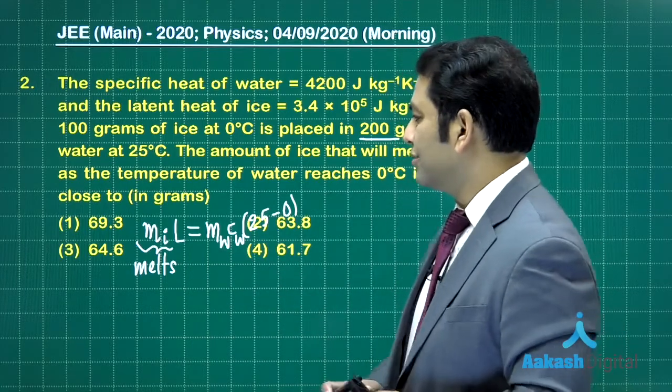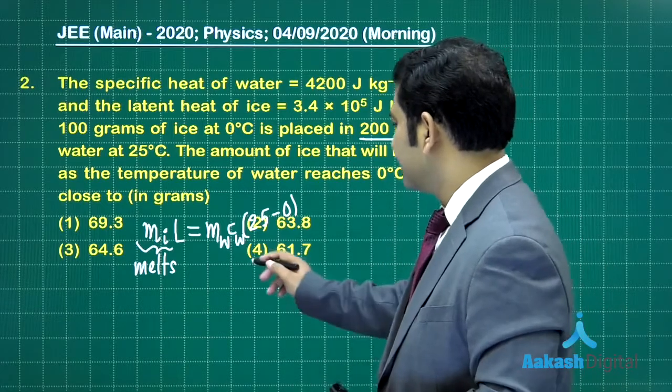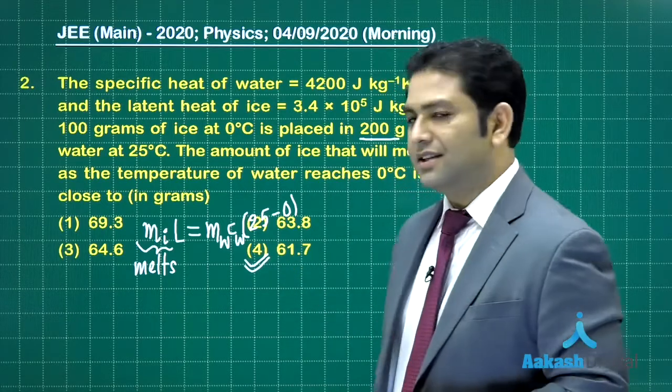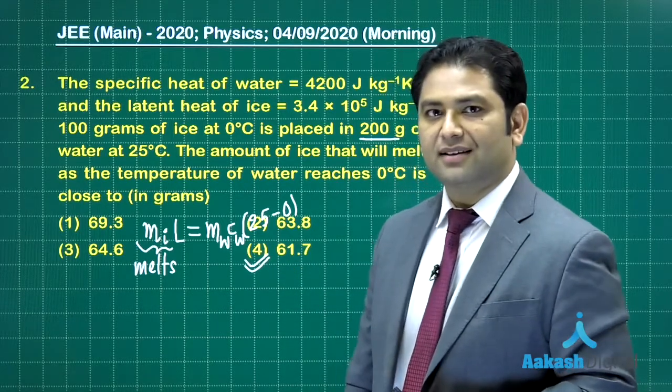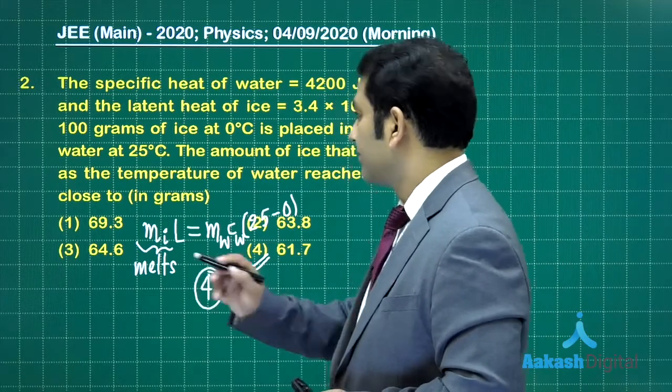So put all the value and be careful with the units. While you solve, you would get 61.7 gram is the total ice that would melt. And option number 4 would be the correct one.